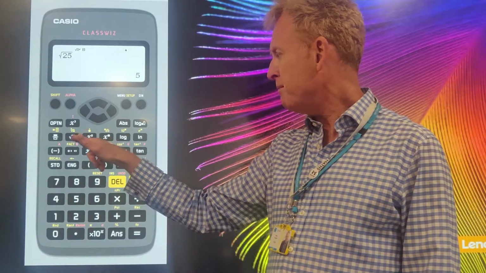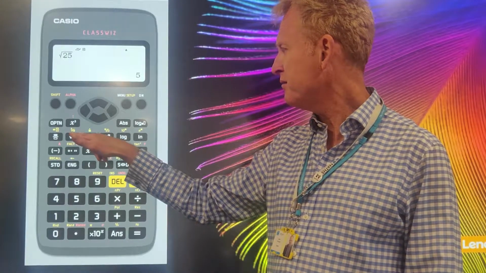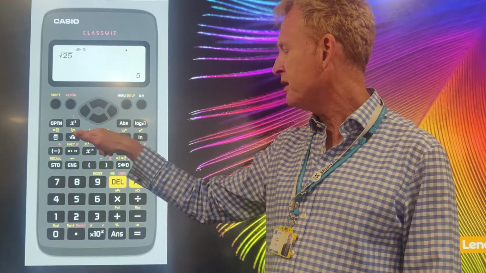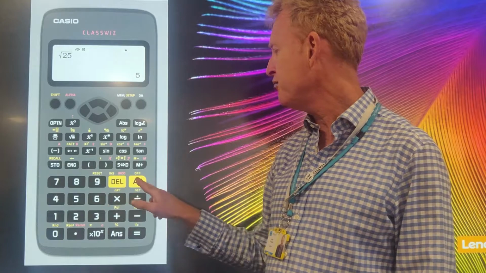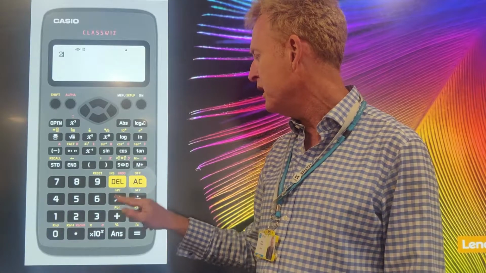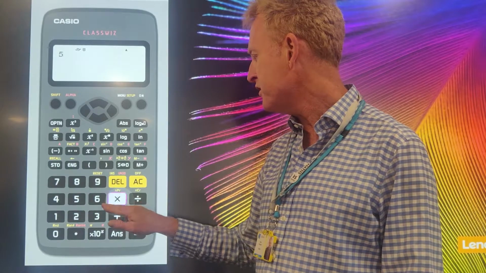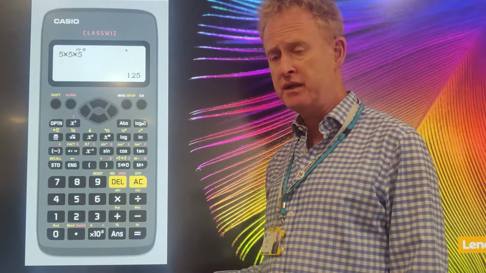But you've also got some other buttons up here as well. On this next level up, you've got something like a cubed root button. So say for example, we can test to see if that works by saying, let's do 5 times 5 times 5. That's 125.